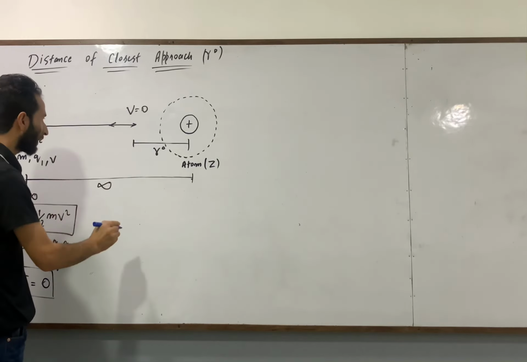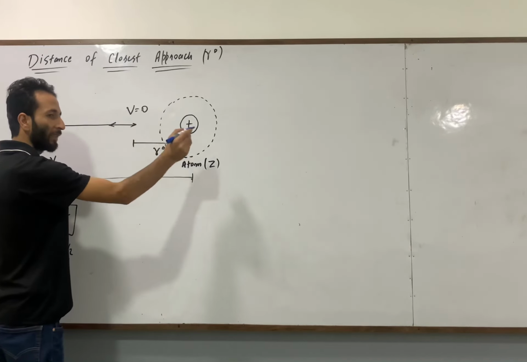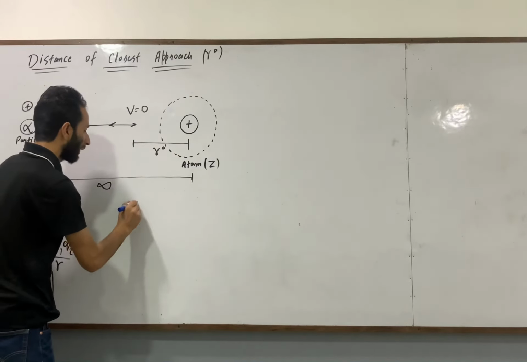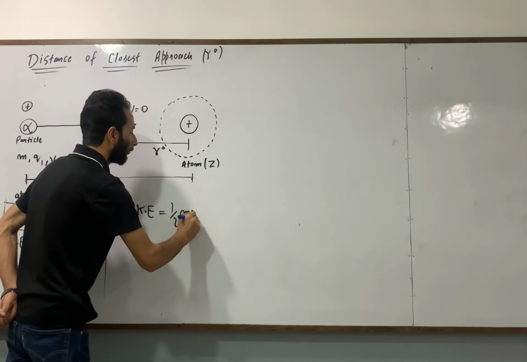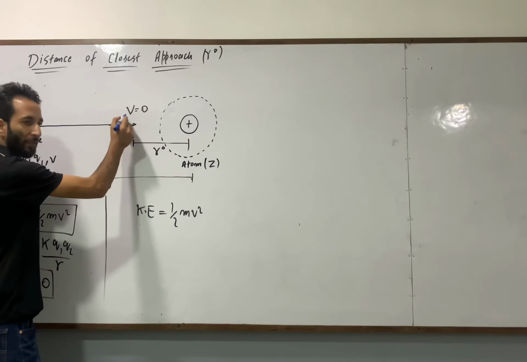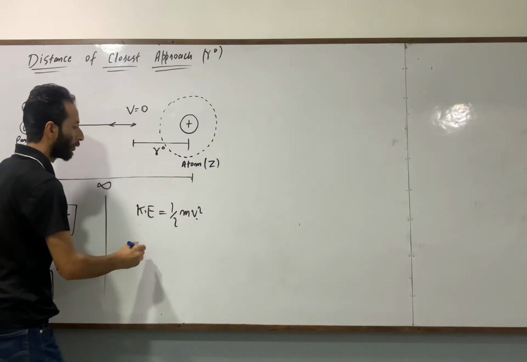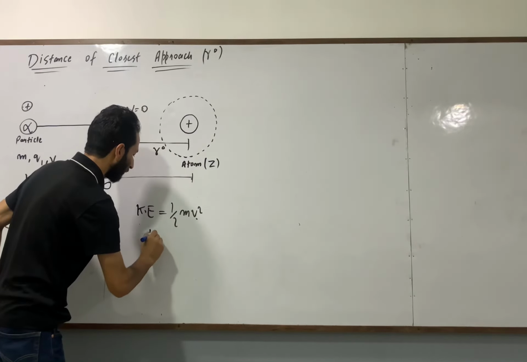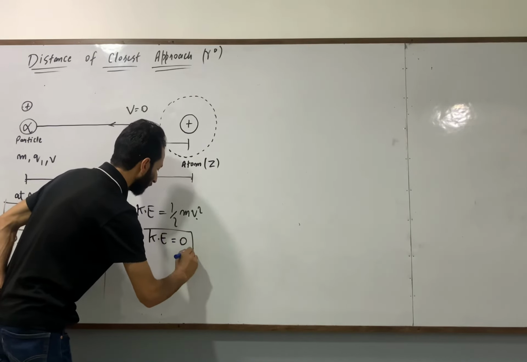Similarly, we can find the kinetic energy and potential energy of the alpha particle at the distance r naught from the nucleus. The kinetic energy at this distance is 1 by 2 mv square. As we know, the velocity of the alpha particle at a distance of r naught is equal to 0, so the kinetic energy at r naught becomes 0.